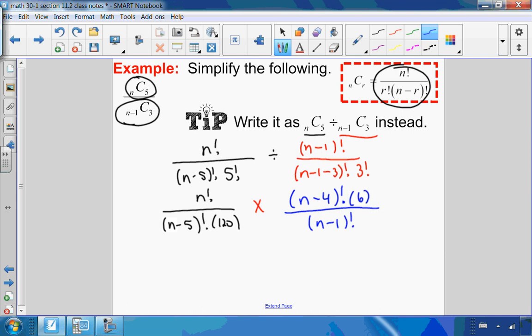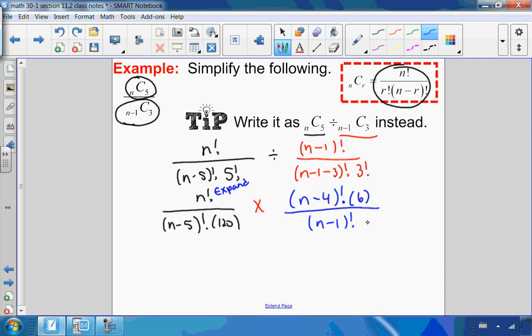Okay, so we are going to simplify this together. Since I'm multiplying, I am going to group it as one big fraction, or I can simplify each one separately. So really, there's two different ways that you can do it. So let's just simplify each one individually. Remember I said when you're simplifying factorials, you expand the bigger one. So n factorial is the bigger one.